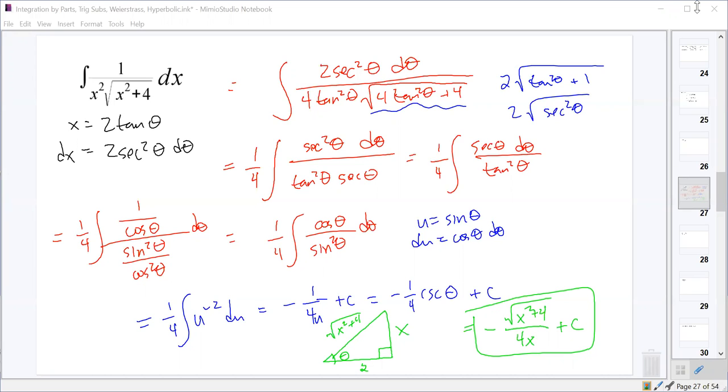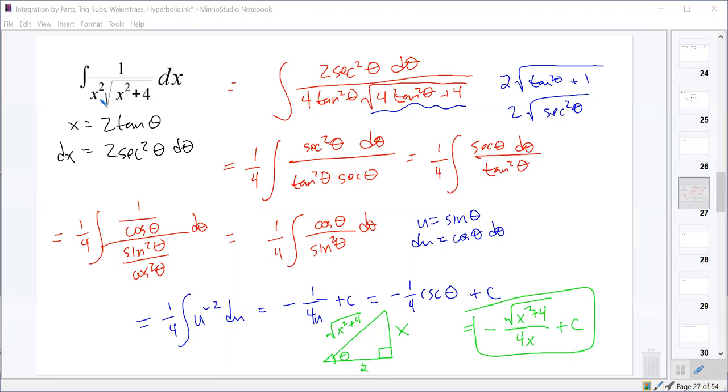Yeah, so Nick, the green stuff, I just made a triangle using my original x equals 2 tangent theta. So if I divide by 2, that tells me that tangent theta equals x/2. So I drew a right triangle where the tangent of theta was the opposite over the adjacent, x/2. Then using the Pythagorean theorem, we can get the hypotenuse, which is root x squared plus 4.